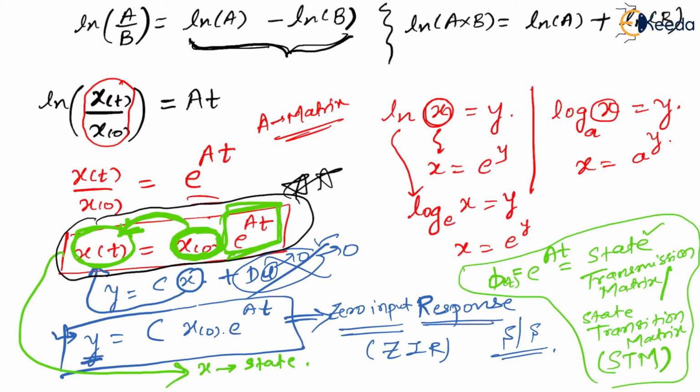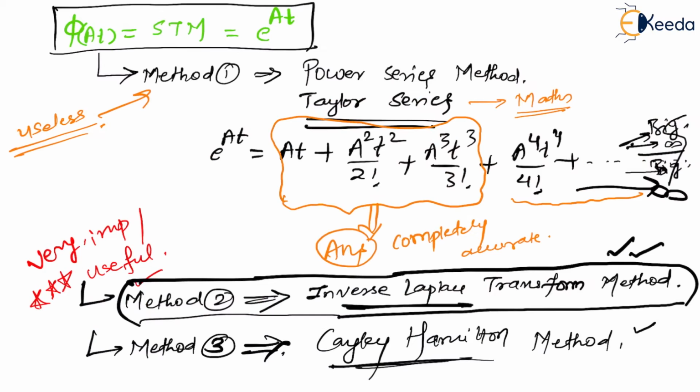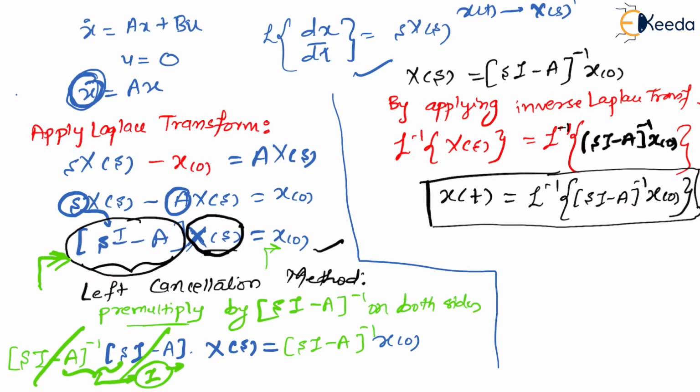X(t) equal to X naught into e to the power At. Now just see here: when you apply Laplace inverse to this X(0), will there be any change in that? No, because it is already in time. It is basically a constant, because it is the value of that state at t equals 0. So this bracket is going to only come here.